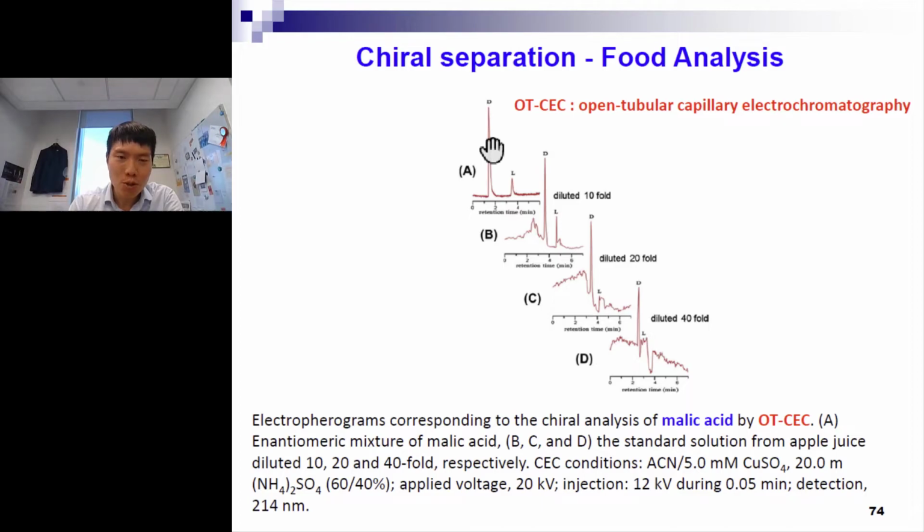Here we're trying to show that, although CE doesn't need a high amount of your substrate injection, if you dilute, you see dilute 10-fold, 20-fold, 40-fold here, it is trying to test the detection limit.